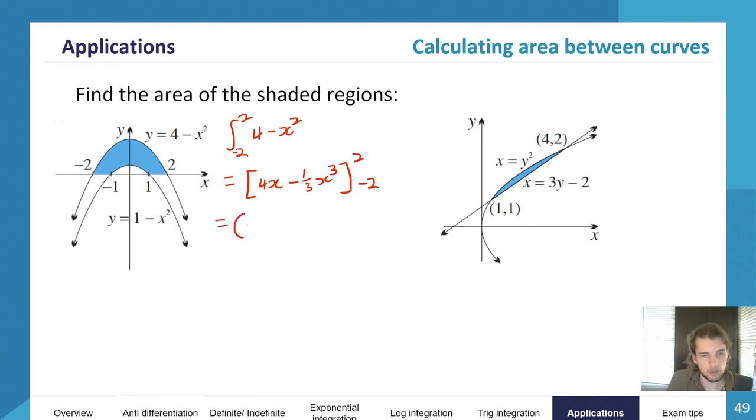So that's equal to 4 times 2 minus 1 over 3 times 2 to the power of 3, subtract 4 times -2 minus 1 over 3 times -2 to the power of 3.